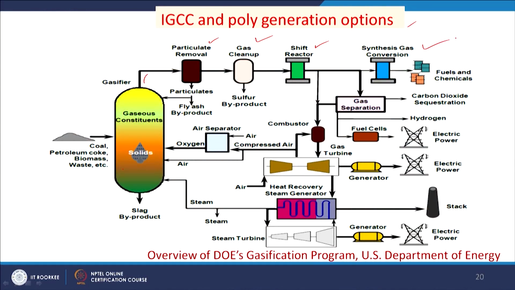Then we can use it for synthesis gas conversion, we can use it for FT synthesis, etc., and then carbon dioxide sequestration we will also get, and we will be able to produce electricity in the gas turbine and again in the steam turbine. So, electricity we can get. That way we can improve the economy of the process.